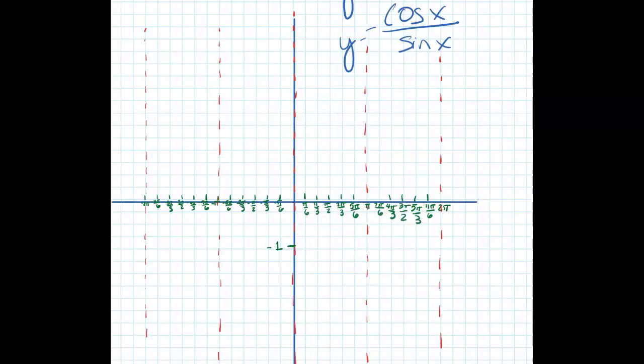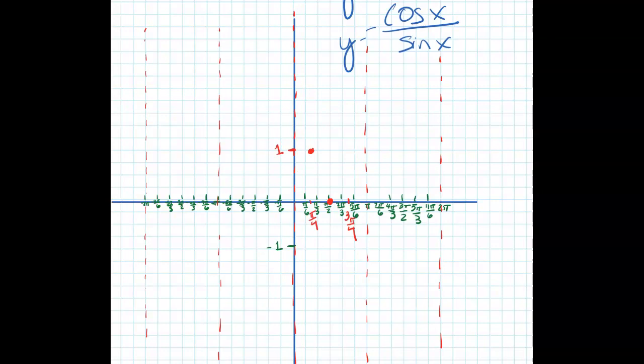Using that unit circle, I see my graph is going to end up crossing my x-axis at pi halves, because that is where cosine is 0. And then other important points that we have, my positive 1 disappeared.